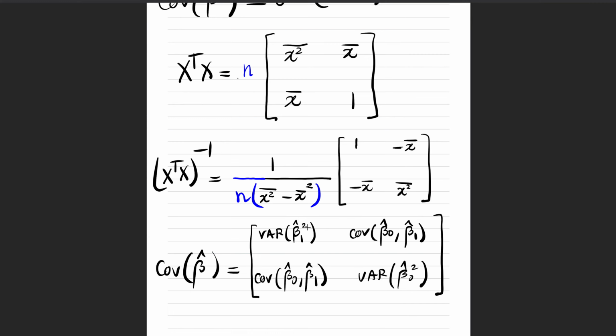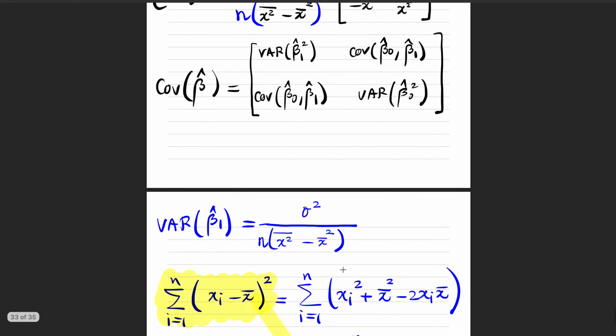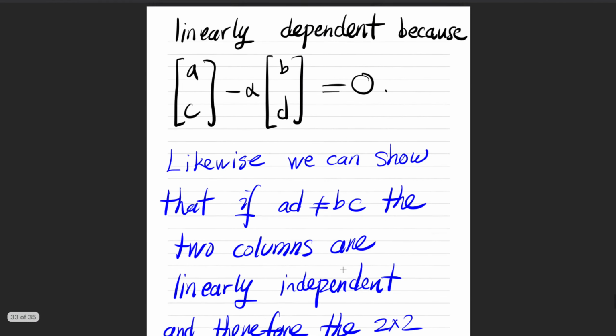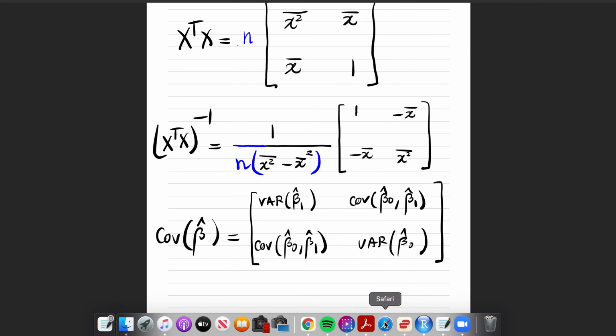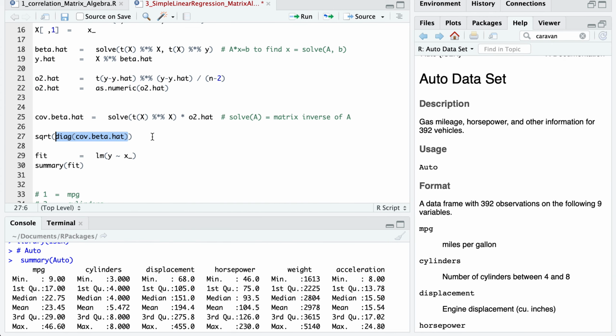It's already a variance. Anyway, the diagonal elements of this covariance matrix are the variance terms, and then we take the square root to get the standard errors.